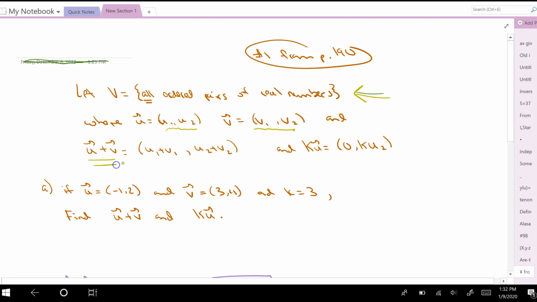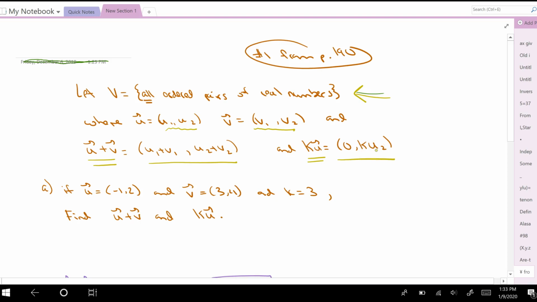They are defining addition and scalar multiplication this way. Addition is defined as it traditionally is. And here they're defining scalar multiplication to be this. If you multiply K times an ordered pair, the result is going to be 0 as the X coordinate, and then that scalar multiple times the Y coordinate of that ordered pair, okay?